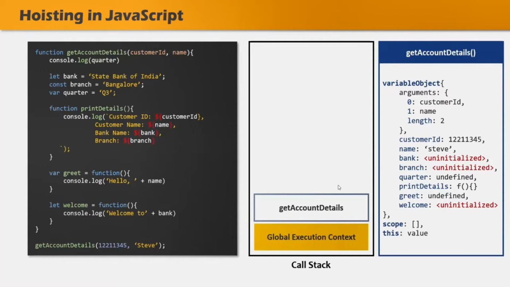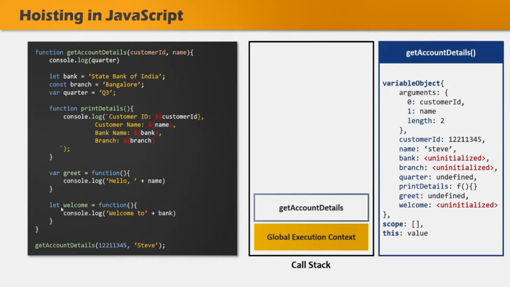So a property called greet will be created in the variable object, and that property will be assigned with the value undefined, right? Because we have created that variable using var. Even though this variable is storing a function, at the end it is basically a variable. And that's why, since that variable is created using var, during the creation phase, that variable will be created in the memory, but it will be assigned with undefined.